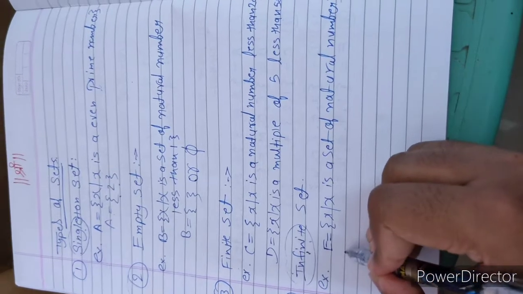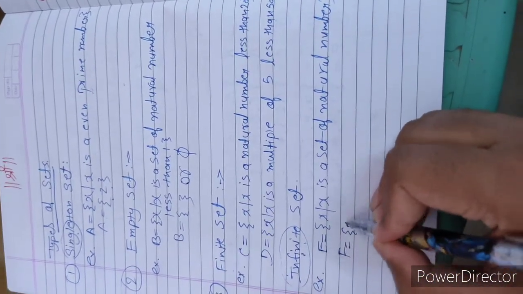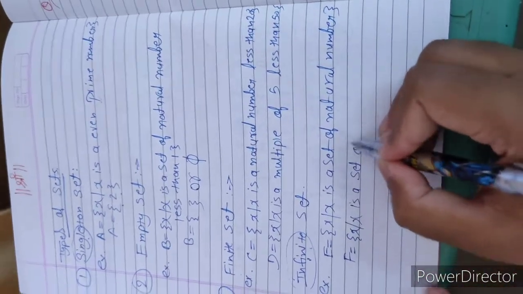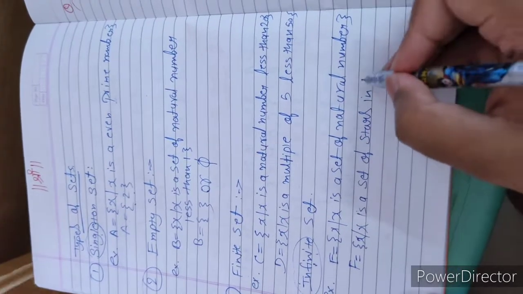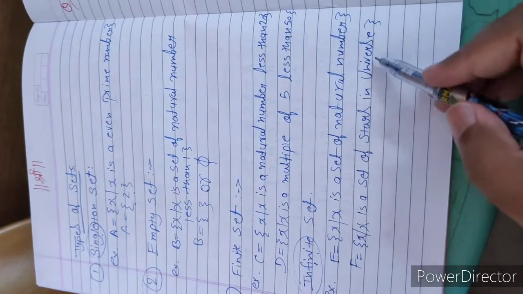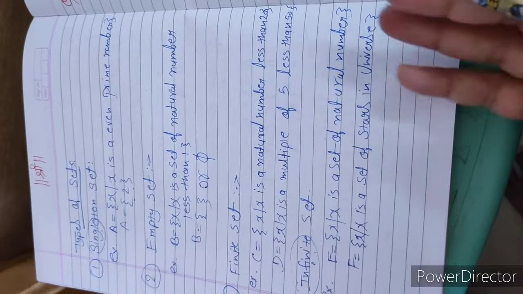After that we can say that F is a set of X such that X is a star in the universe. Is the universe small like our room? No, we know that the universe is vast.